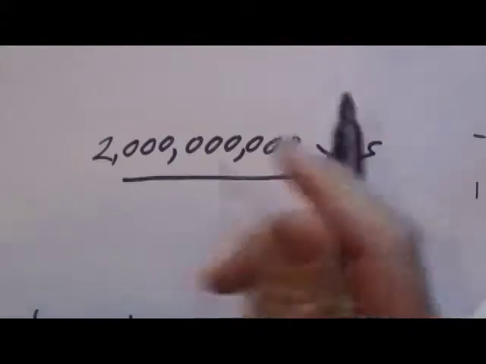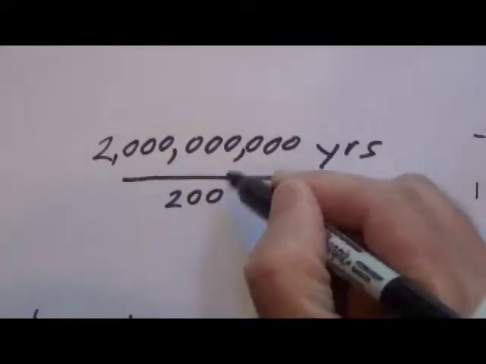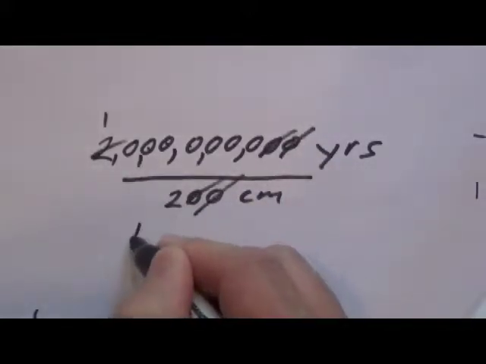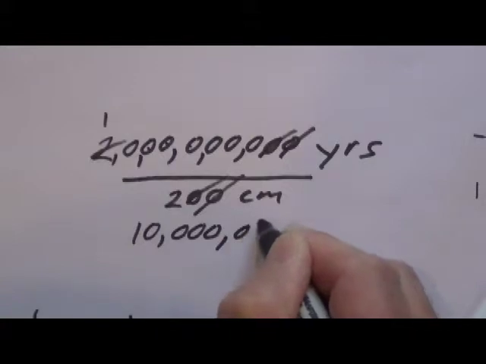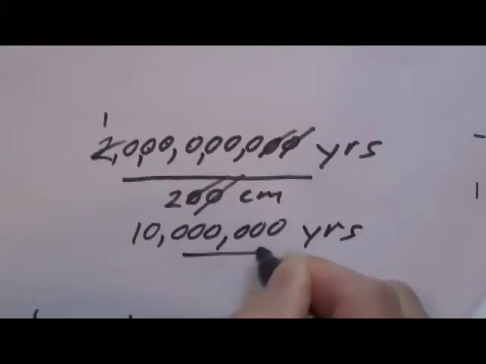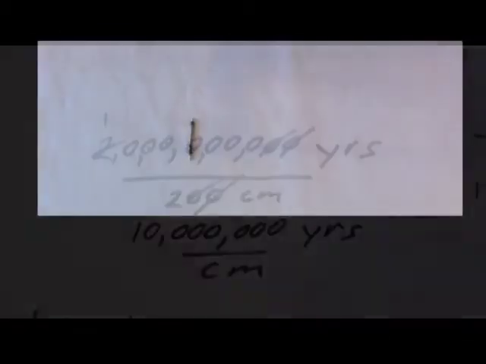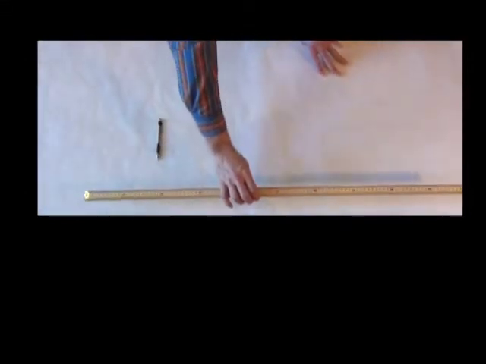The oldest rocks in the canyon are about 2 billion years old, and we have 200 centimeters of paper. 2 billion years divided by 200 centimeters should give us 10 million years per centimeter. Okay, so what we're going to do now is construct a graph using time rather than thickness for the rocks in the Grand Canyon.